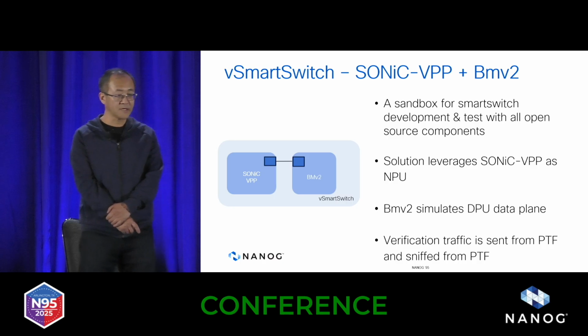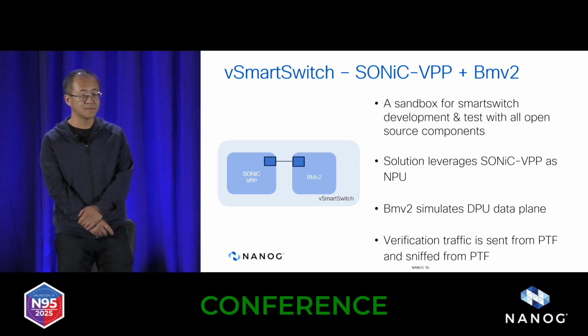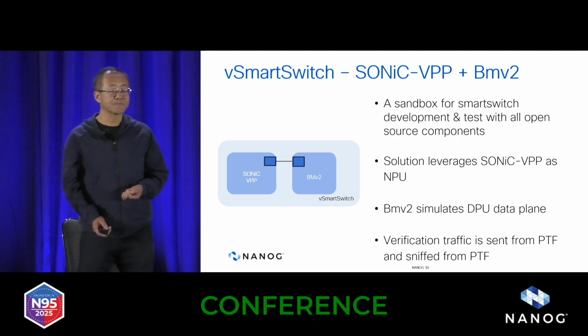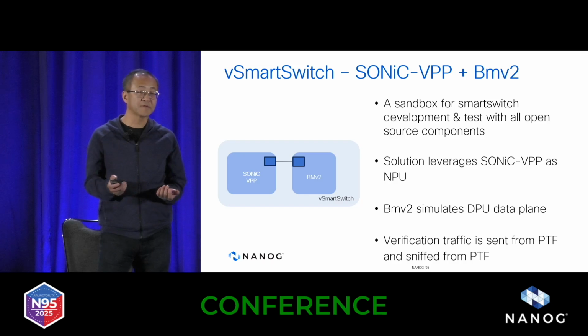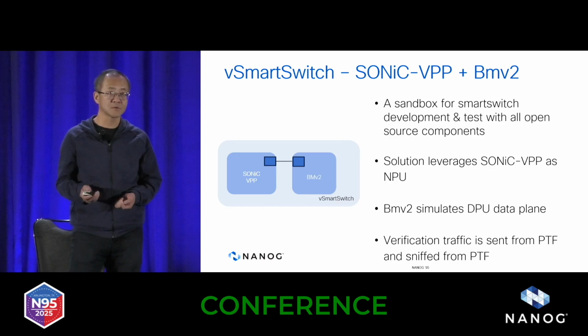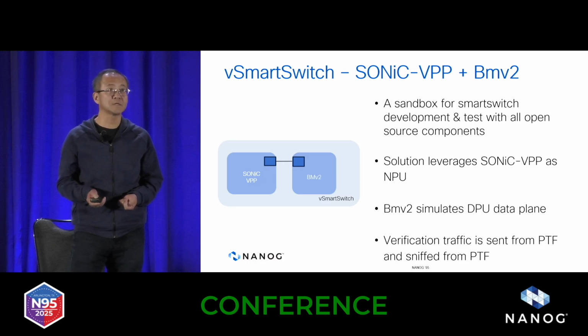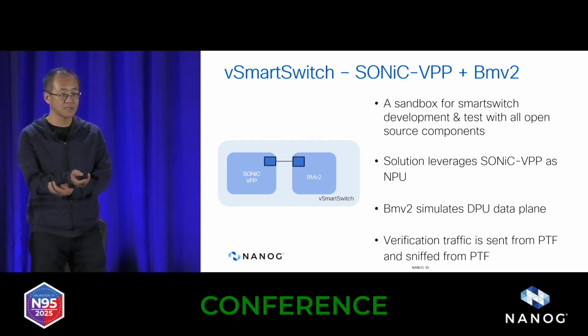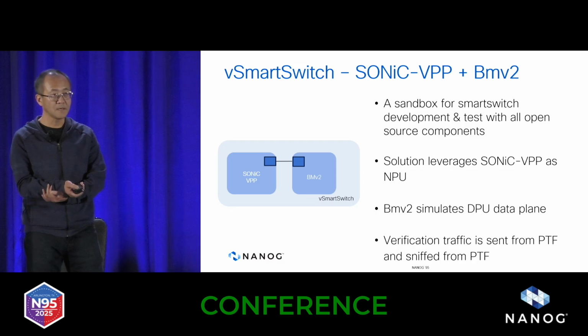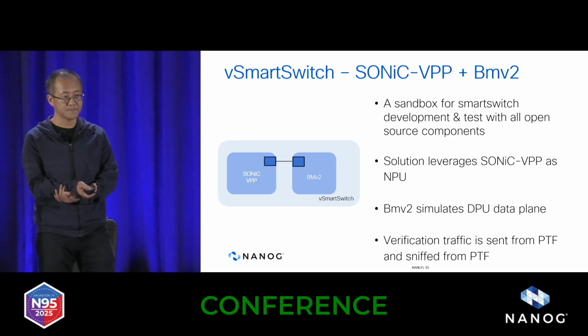Verification traffic can be sent from PTF and sniffed from PTF. On top of that, we can add T0, T2 peers to create a larger topology and run SONiC-Mgmt tests. So we will use this topology to run smart switch sanity tests in SONiC-Mgmt.